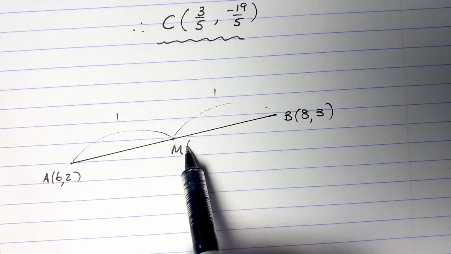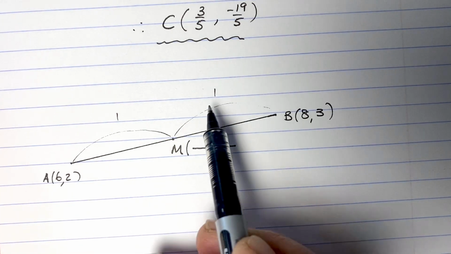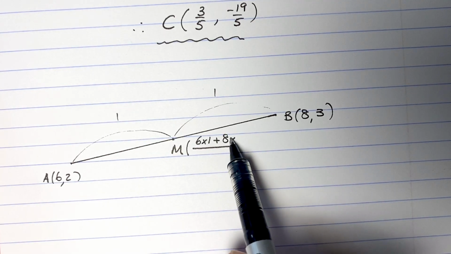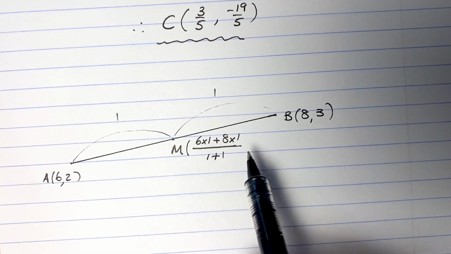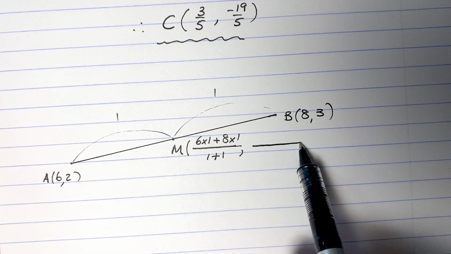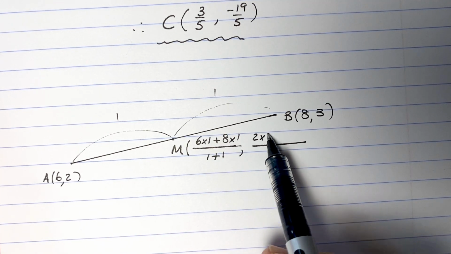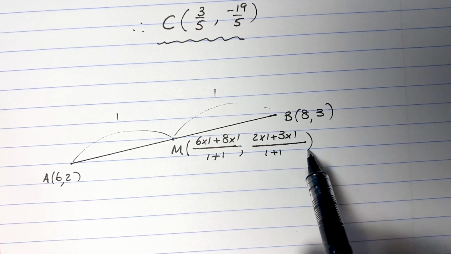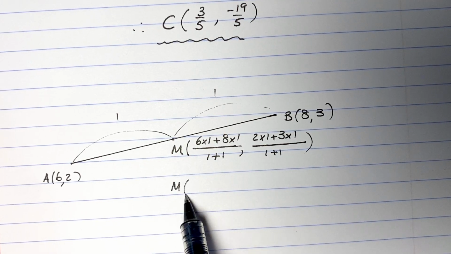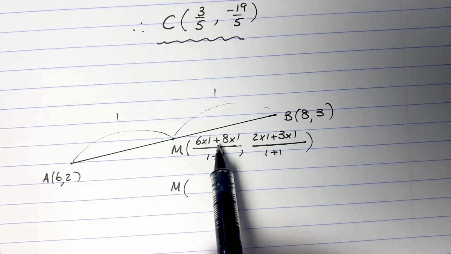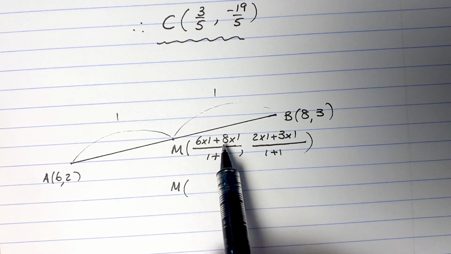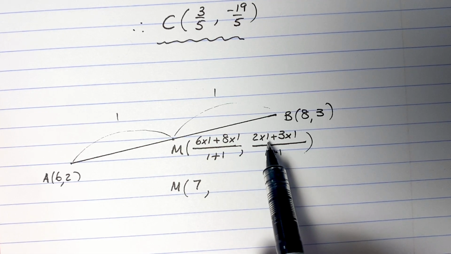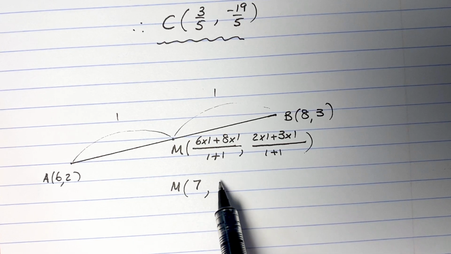So that would be 6 times 1 plus 8 times 1 over 1 plus 1, and the y coordinates 2 times 1 plus 3 times 1 over 1 plus 1, and see what we get. 6 times 1 plus 8 times 1, 6 plus 8 is 14, divided by 2 is 7. 2 times 1 plus 3 times 1 is 5, divided by 2 is 5 over 2.